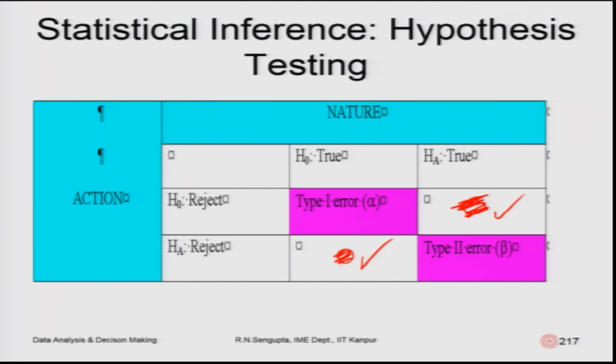But for the other 2 parts, if H naught is true and H naught is rejected, then you have a type 1 error, which is given by alpha. This alpha is related to 1 minus alpha, the level of confidence, remember that. And the other part is that when H A is true and you reject H A, that means you are accepting H naught, there is the type 2 error, which is known as beta.